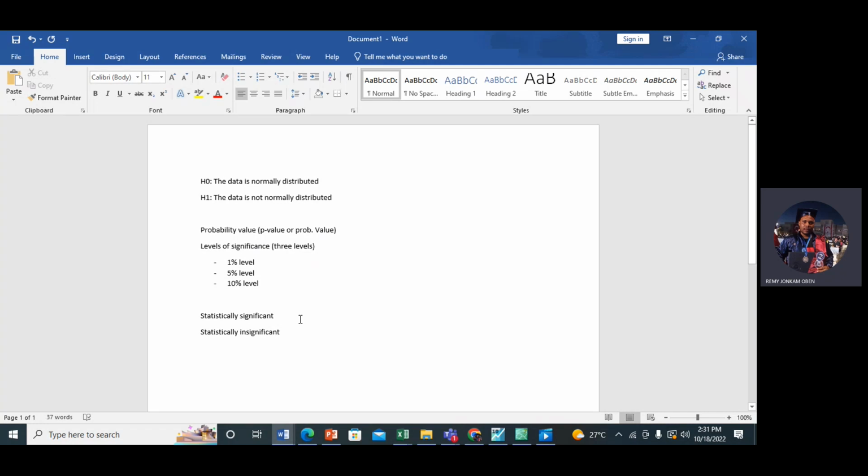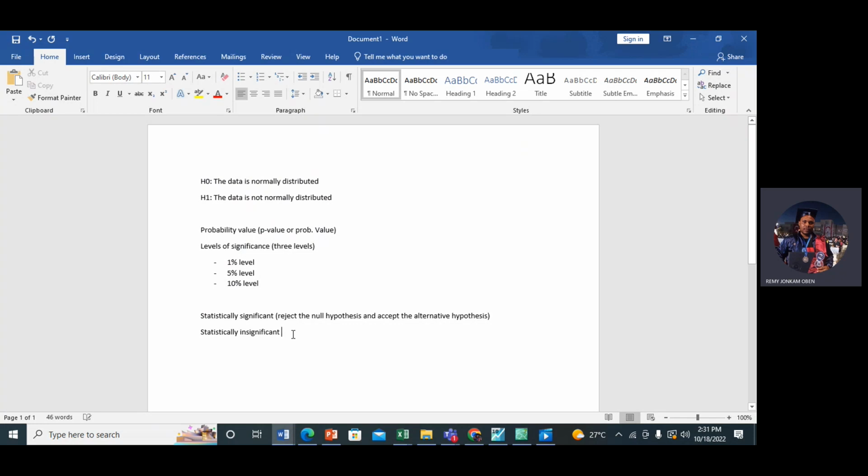If it is statistically significant, then we reject the null hypothesis and accept the alternative hypothesis. If it is statistically significant, then we reject the null hypothesis and we accept the alternative. If we are rejecting the null, then we are accepting the alternative.